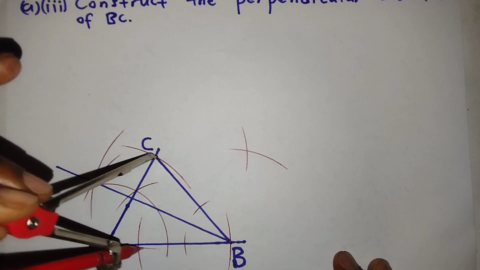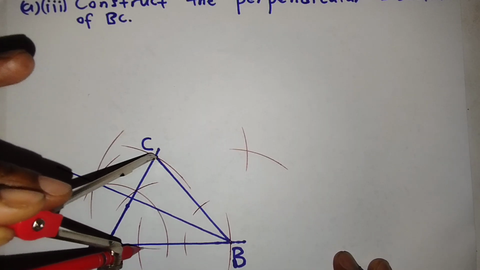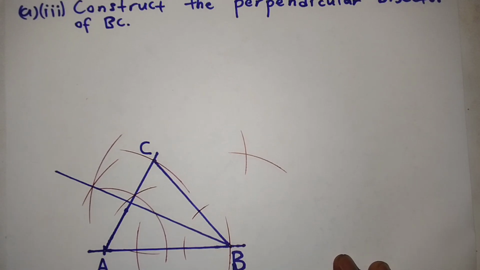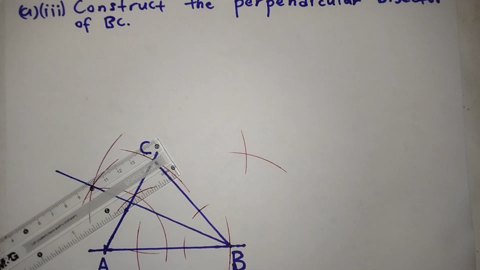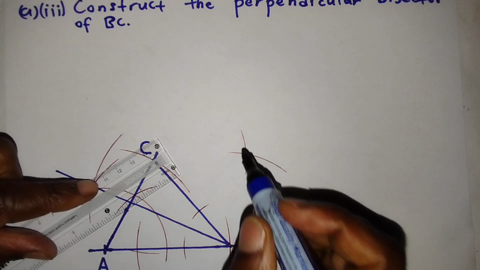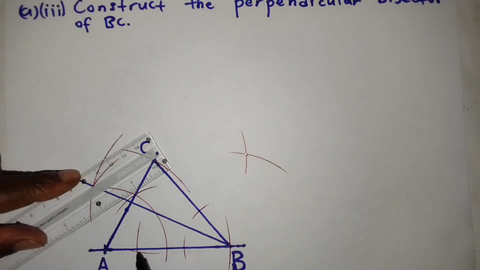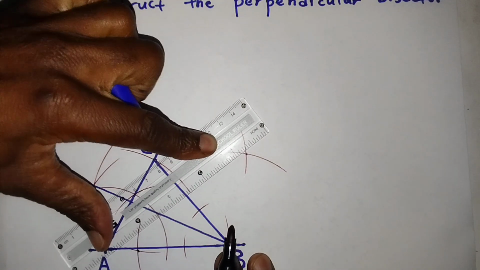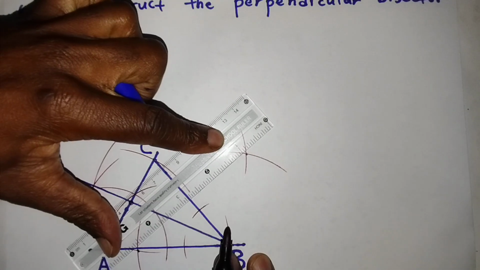So another arc here. Okay, now the next thing is to join the points of intersection of these arcs. So the first point is here and the other one is here. So this line is the perpendicular bisector of BC.